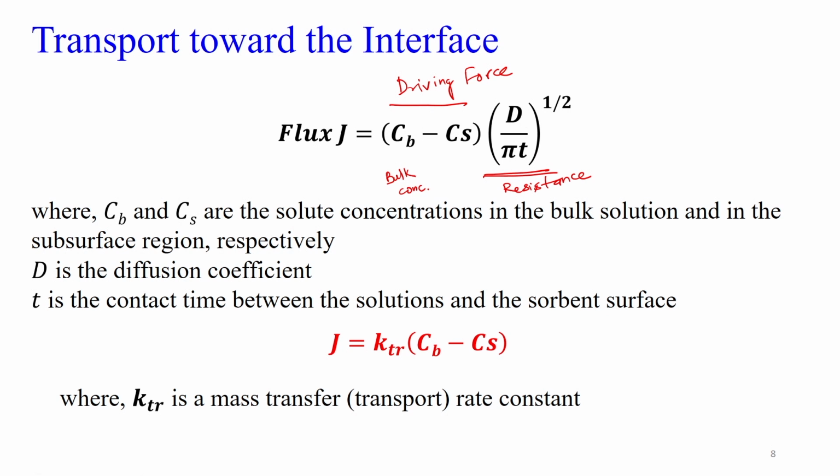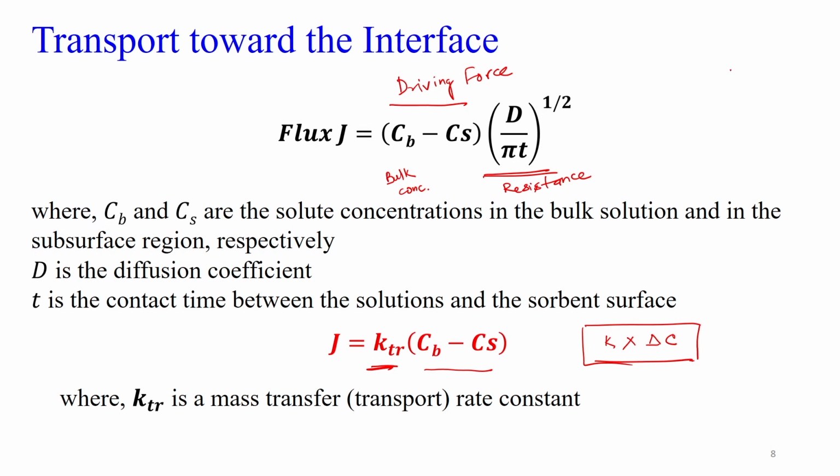The same equation can be rearranged in terms of k_TR. The k_TR is a mass transfer coefficient or mass transfer rate constant into delta C, so it is like k into delta C. So, what is happening here?